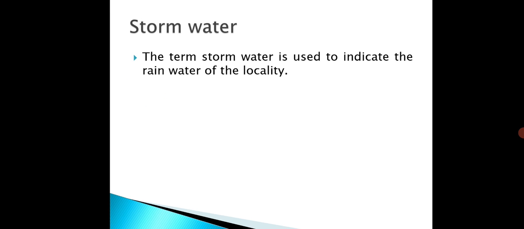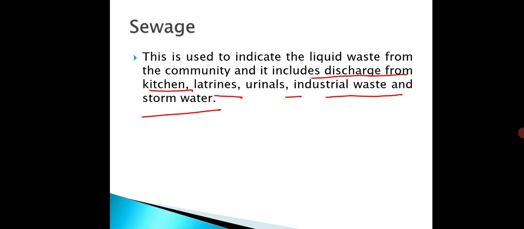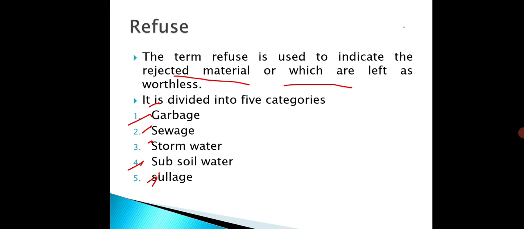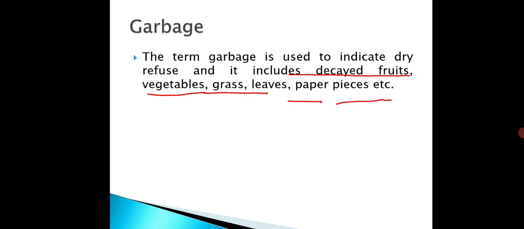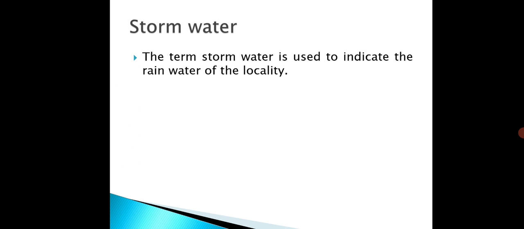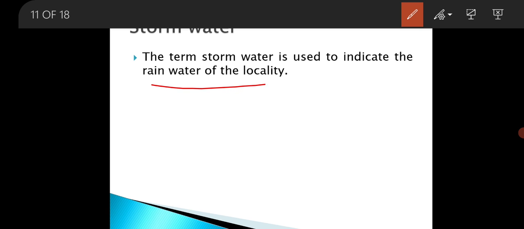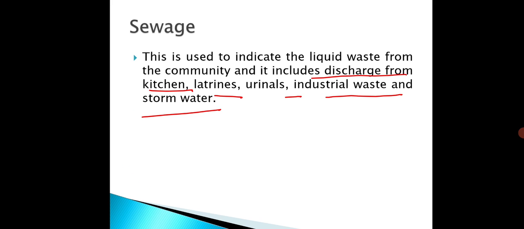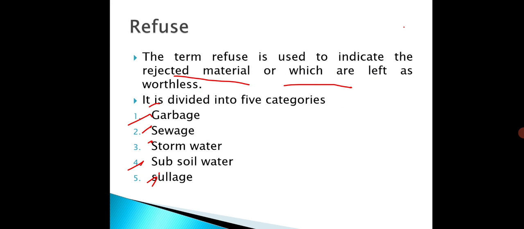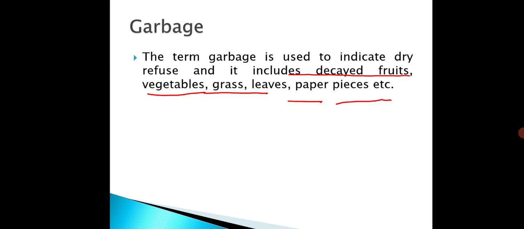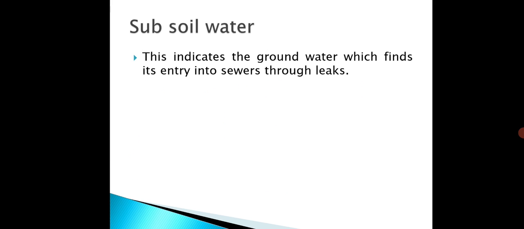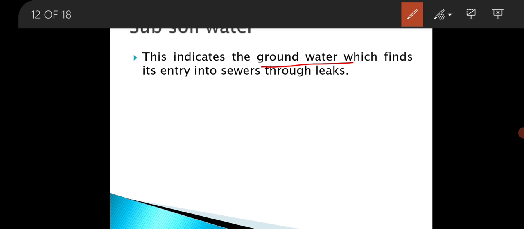Then the third type of refuse is storm water. Storm water is used to indicate the rainwater of the locality. Then the next type of refuse is subsoil water. Subsoil water indicates the groundwater which will enter into the sewer through leaks or leaky joints.